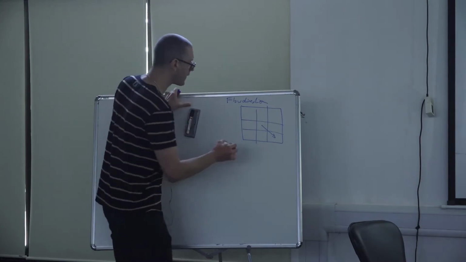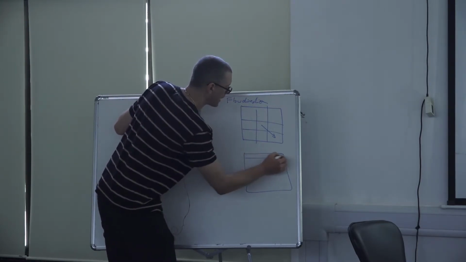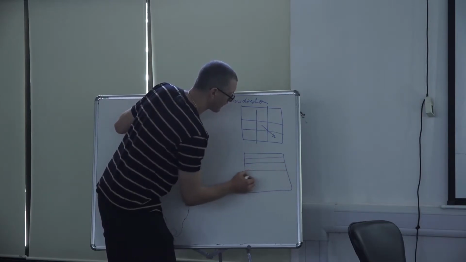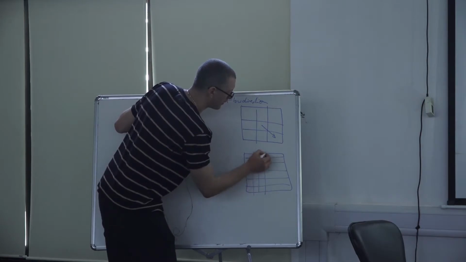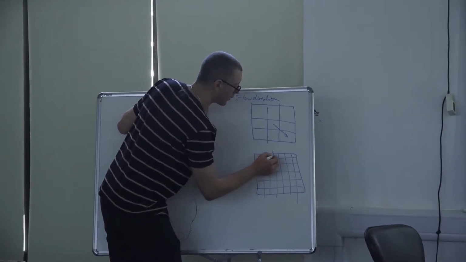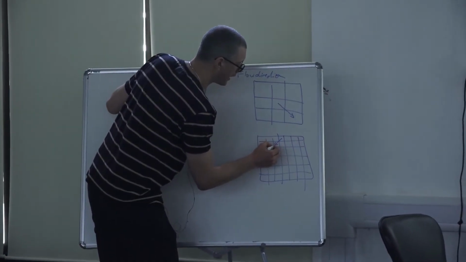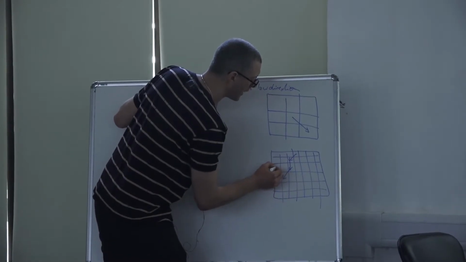At a larger scale, if you have many grid cells, just for the sake of simplicity, say it starts out here. This would be the main stem.